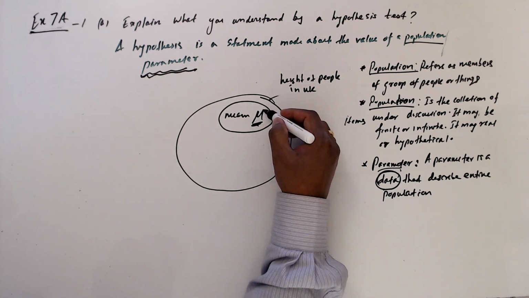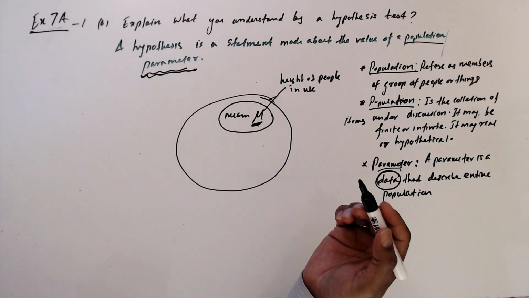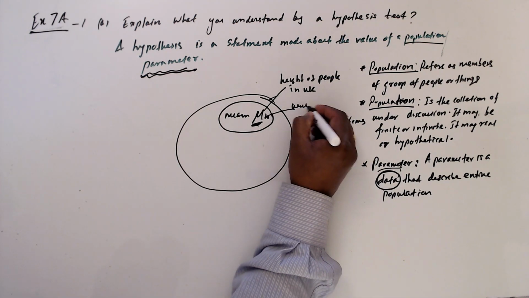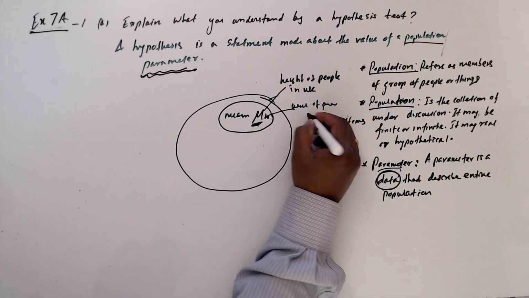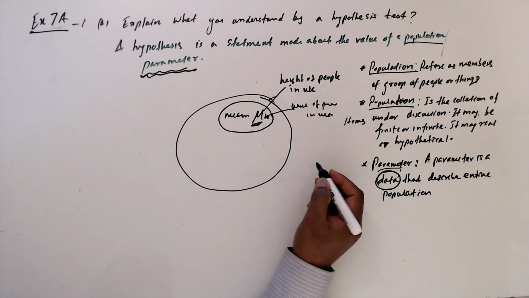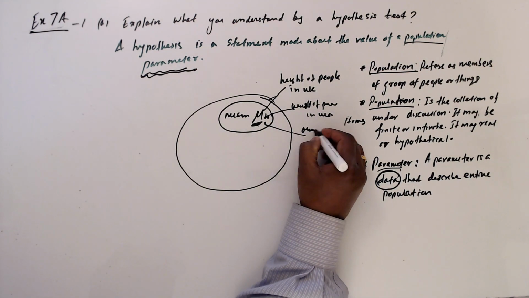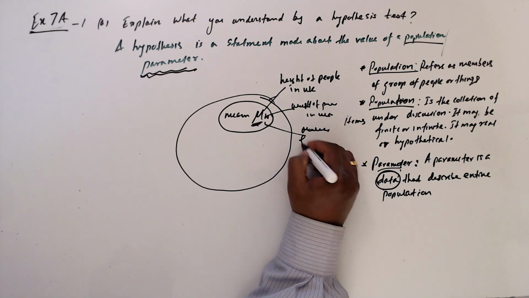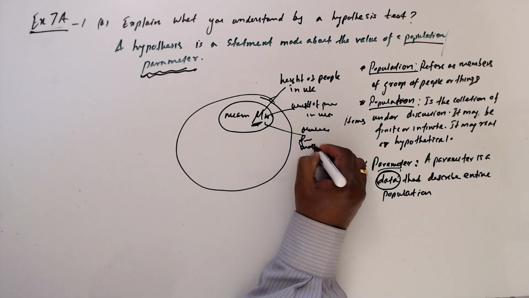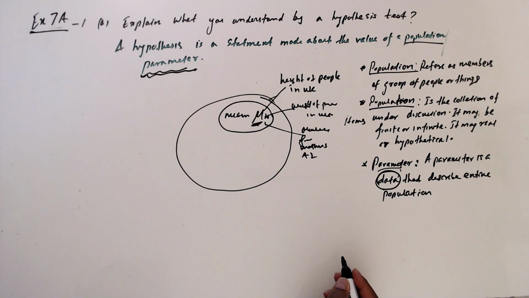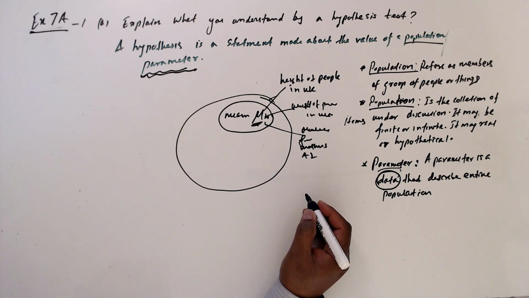Now it can relate to height, or another mean, the weight of people in the UK, or the mean marks for maths A level or chemistry.